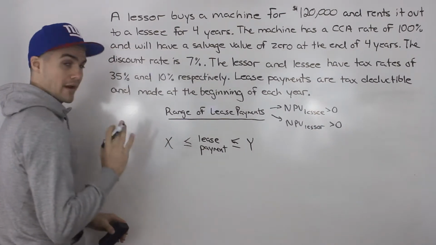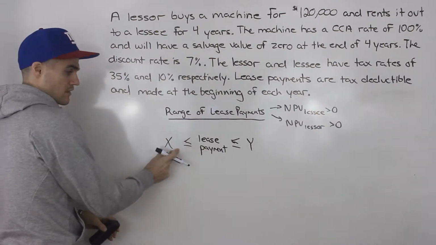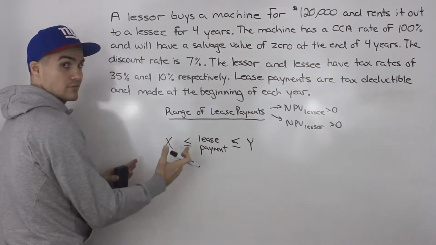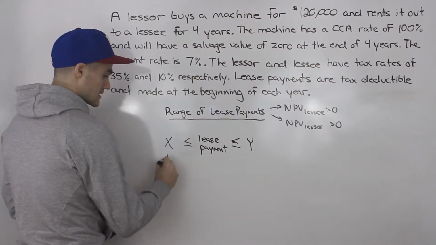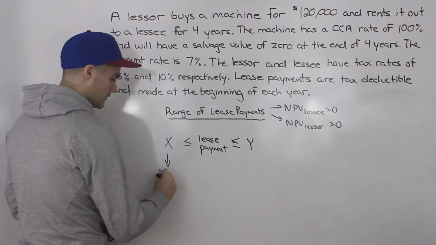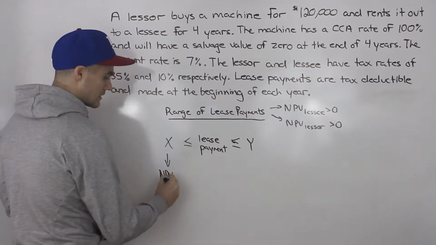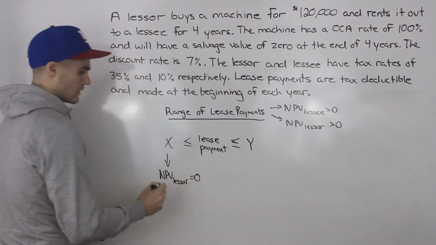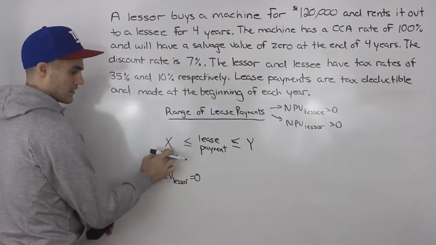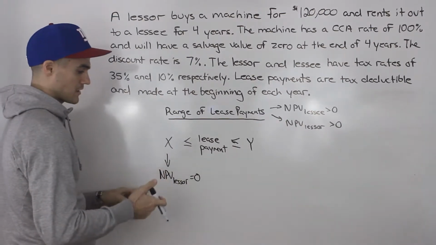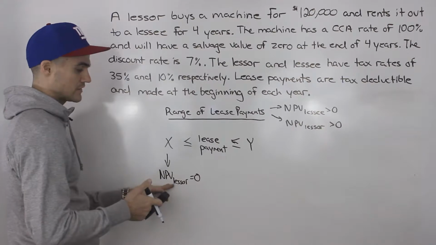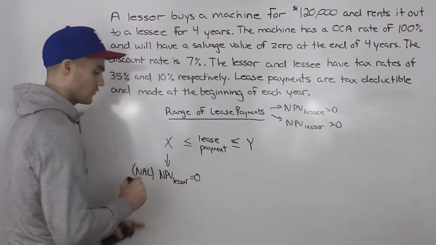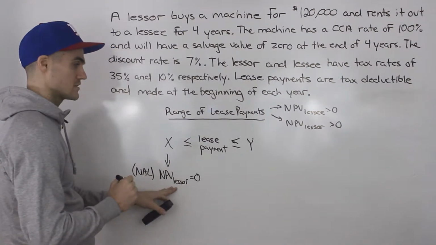Now, if you remember from the paradox video series, this X here, this lower end lease payment, the lower end of that interval, is the break even for the lessor. Right? So this payment here is basically the lease payment where the NPV for the lessor, or another word for this is the net advantage to leasing for the lessor, is going to equal 0.